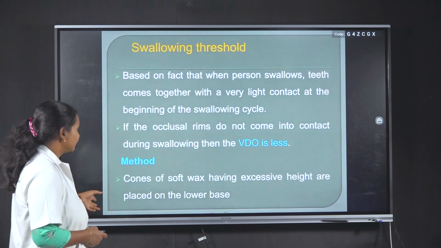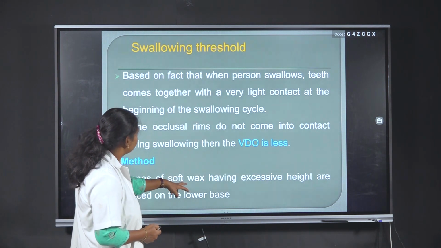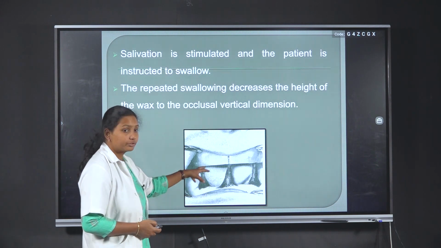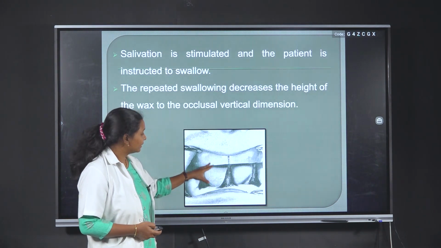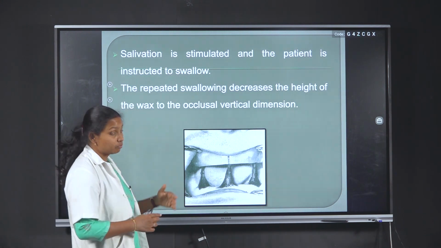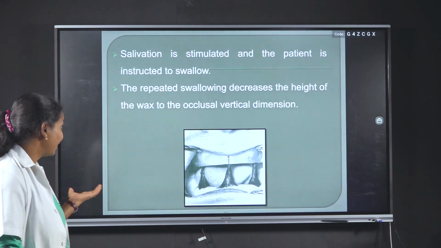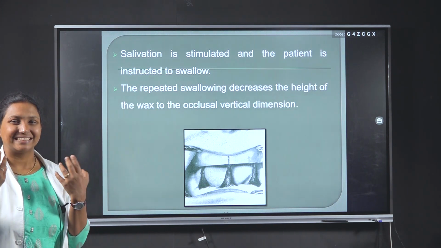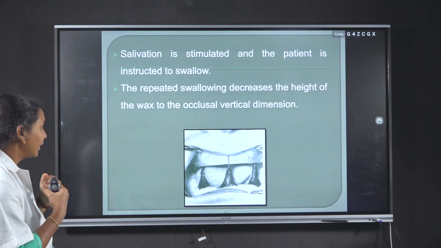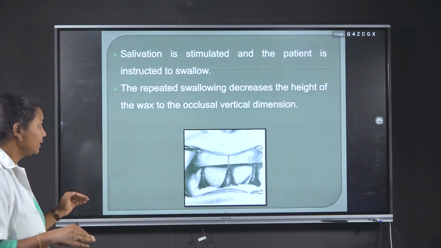These are cones of soft wax. This is a little harder than this, so with more height they have placed these cones of soft wax and ask the patient to swallow. While swallowing, these cones will be reduced and come to the correct vertical dimension.